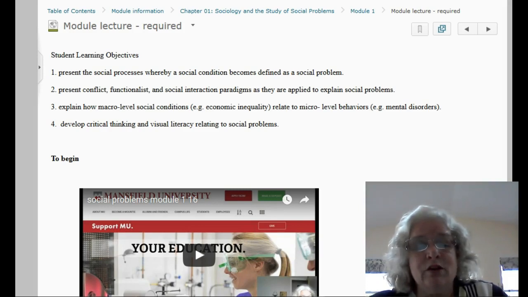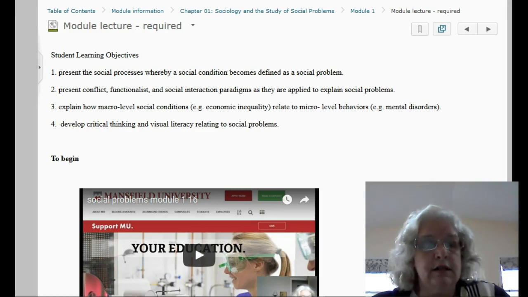We're looking at the social condition and behavior, and we're thinking about the issues that people face as they face these social problems and how we research them. So the goal is to develop some critical thinking and some understanding of what a social problem is in our society today.